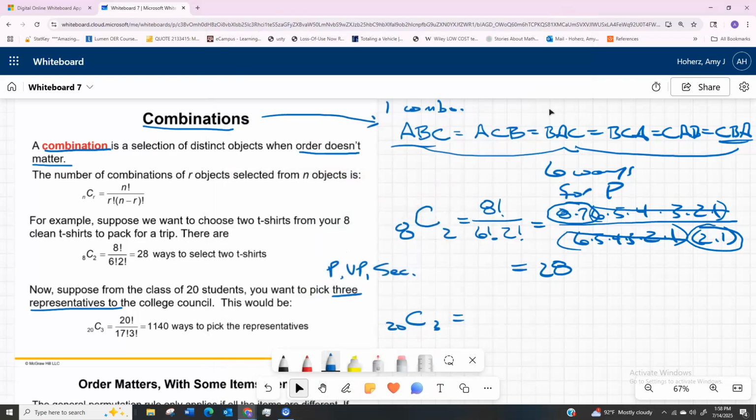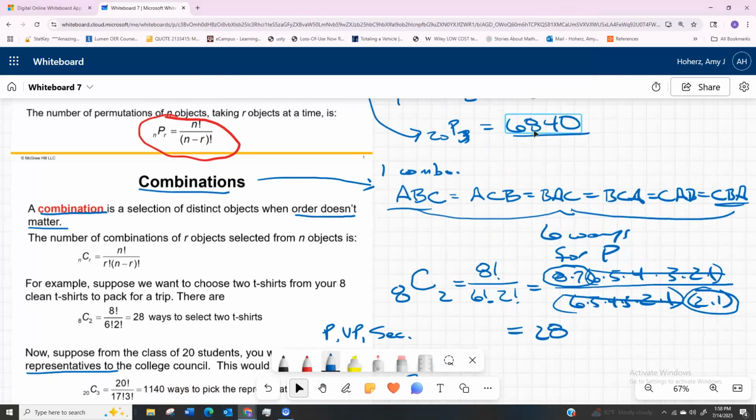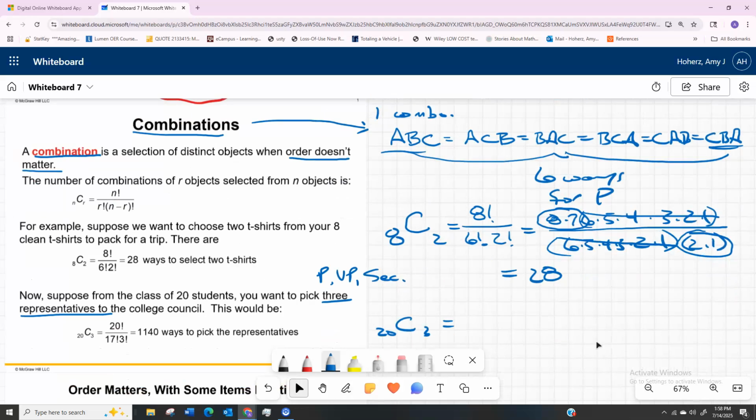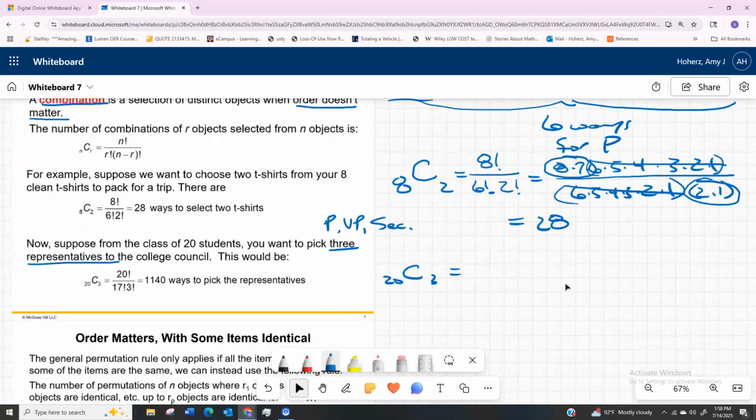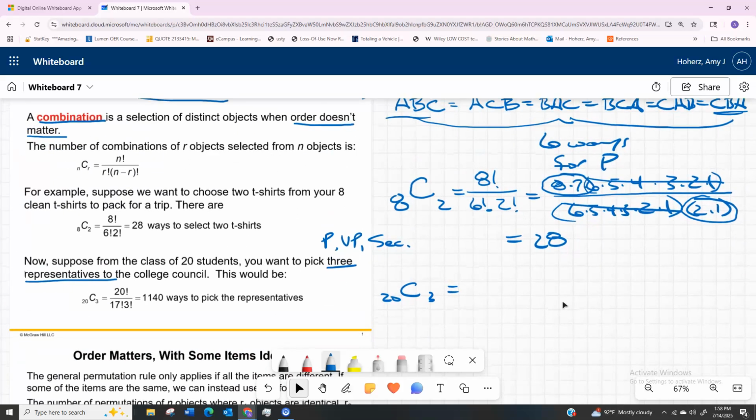And remember when we did that with a permutation, that came out to be 6,840. So there were a lot more ways to do that when you were putting people into positions versus just selecting them to represent.